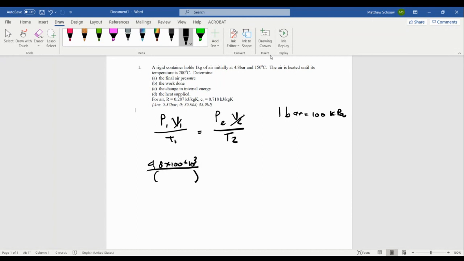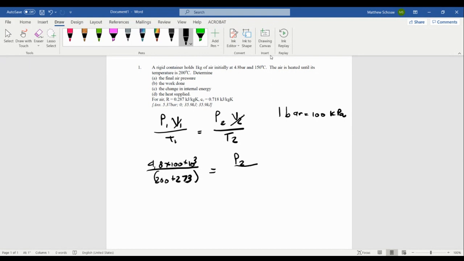Who remembers? You must change the temperature to Kelvin, sir. Mr. Naidu, what are you smoking? You're too sharp, man. Fantastic. So that's 200 plus 273. Fantastic, right? And then this will be equal to P2, which is the variable in question.